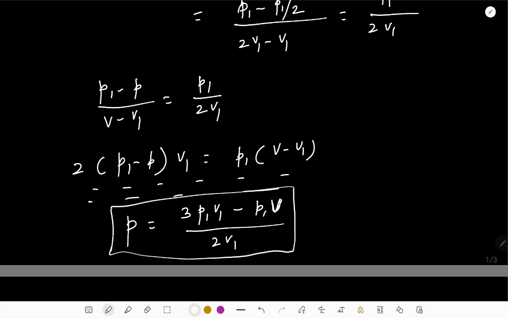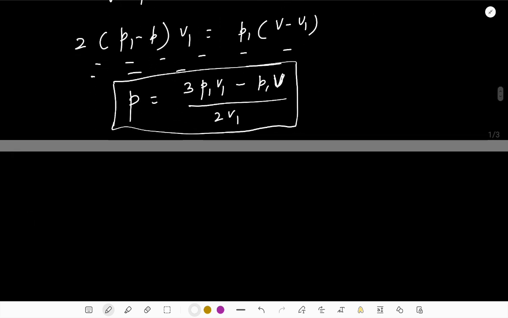Well, we also have PV equals RT, n is equal to 1. So I haven't used it, so it's time to use it. We can write PV equals RT.